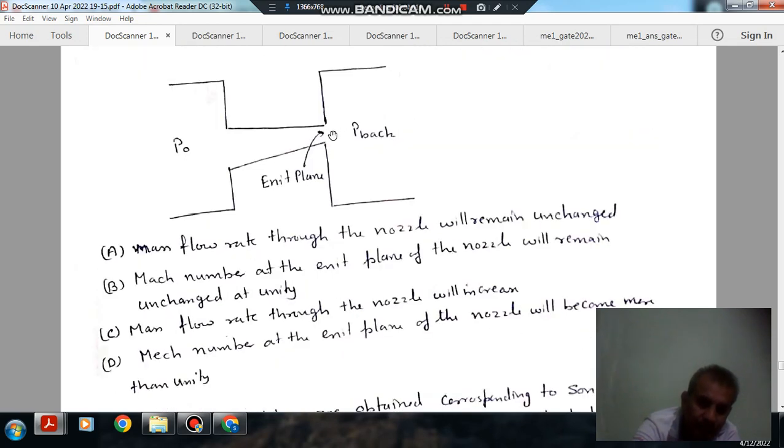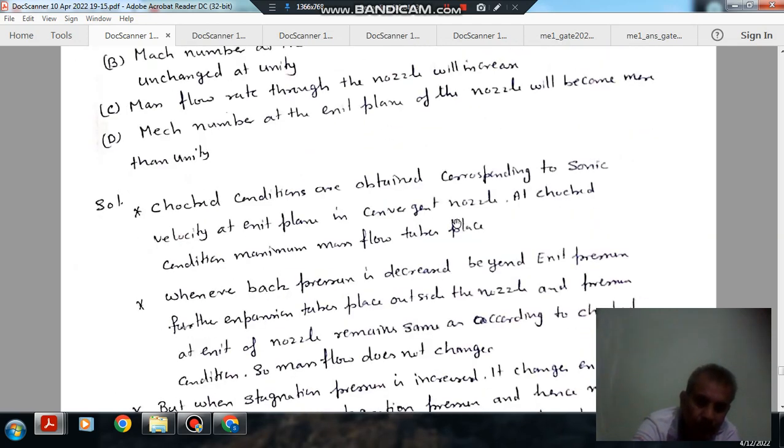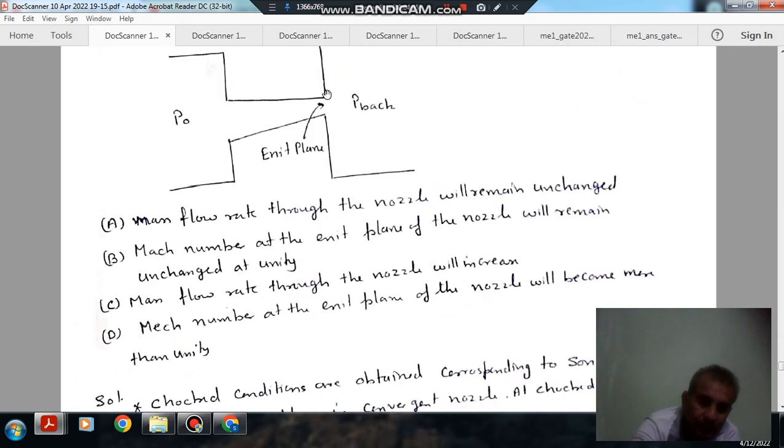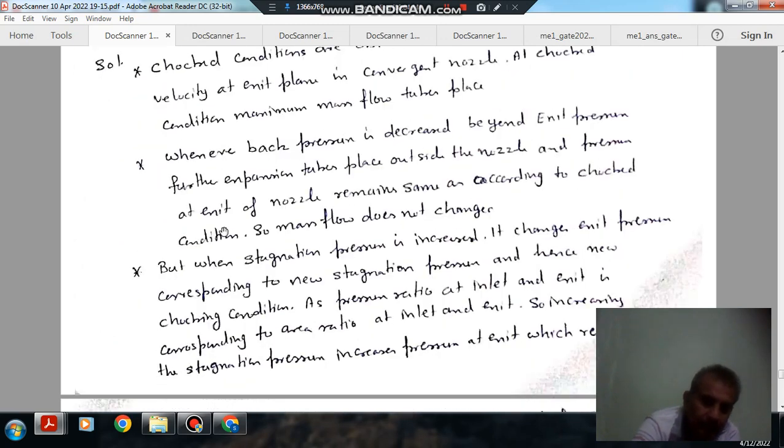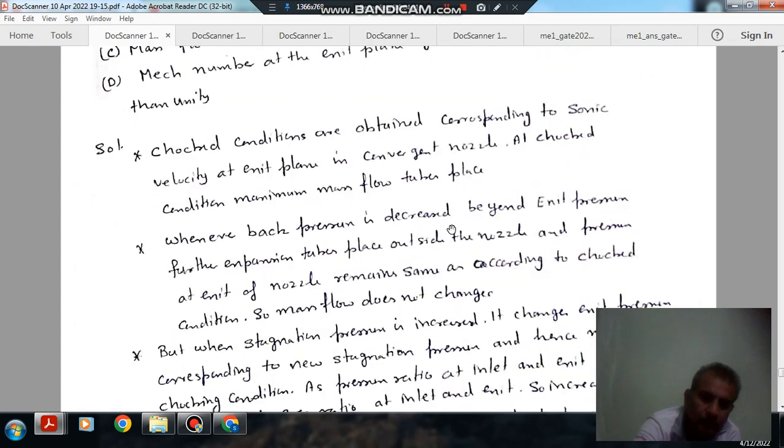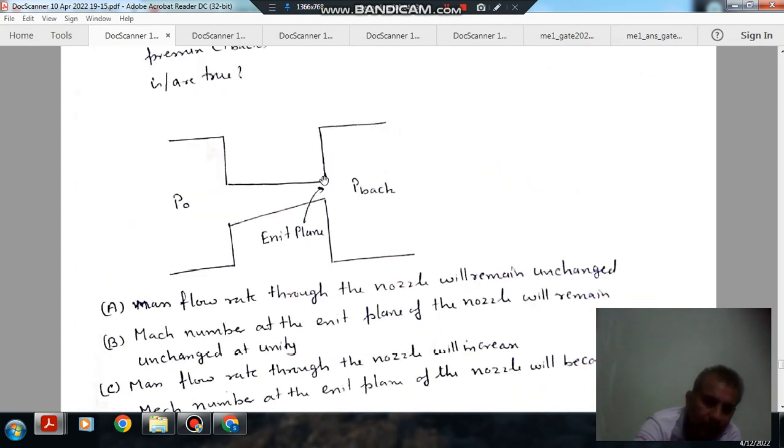The previous exit pressure is maintained, and the pressure at the exit of the nozzle remains the same as per the choke condition. So mass flow rate does not change when we change the back pressure. The pressure at the exit remains the same, and the further drop in pressure takes place outside.